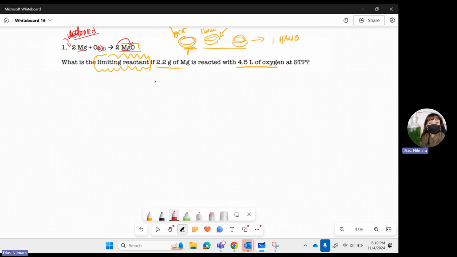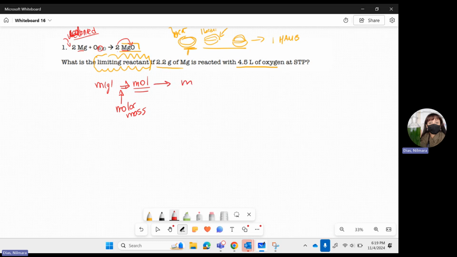They say that we have 2.2 grams. Remember, if you have mass, we need to convert to moles. And to convert to moles, what do you use? I have mass in grams, so we're going to use the molar mass, right? With the molar mass, I'm going to find moles.